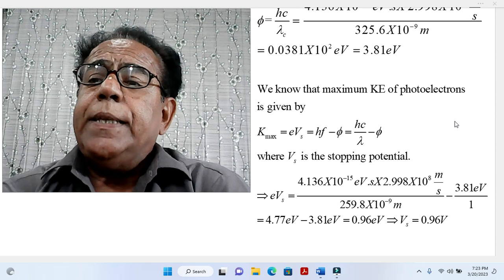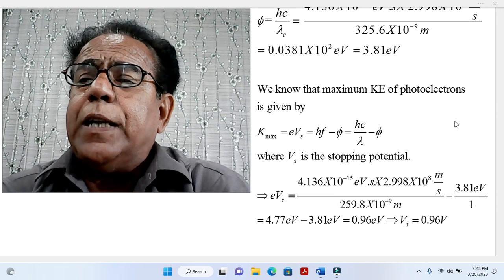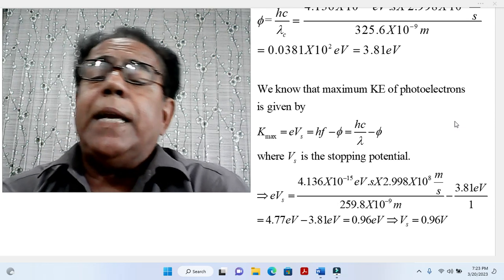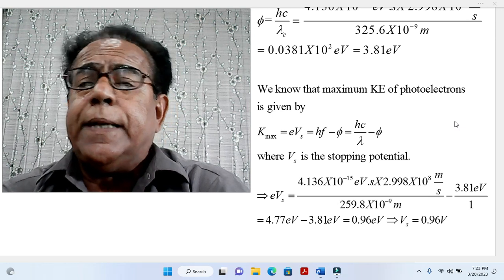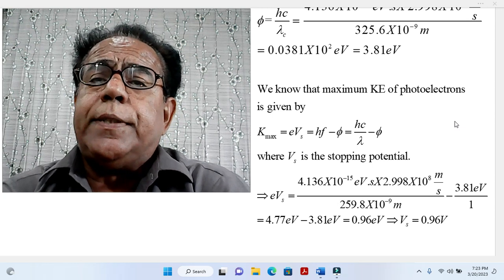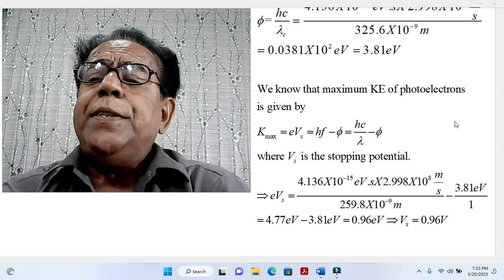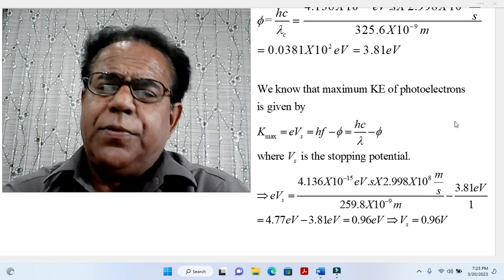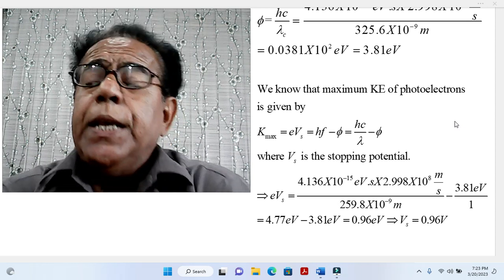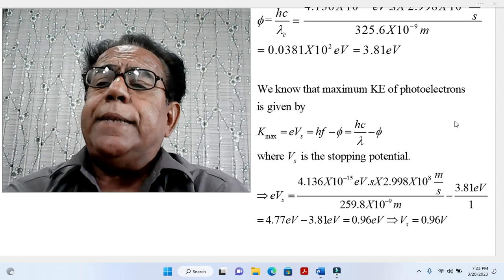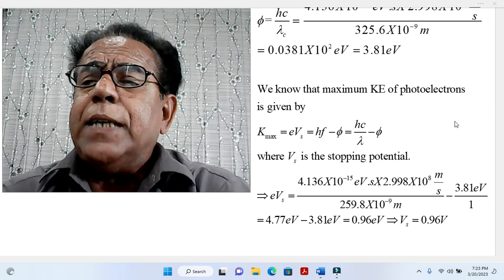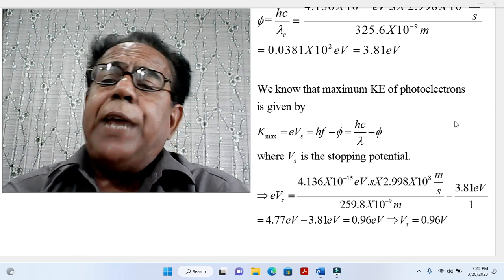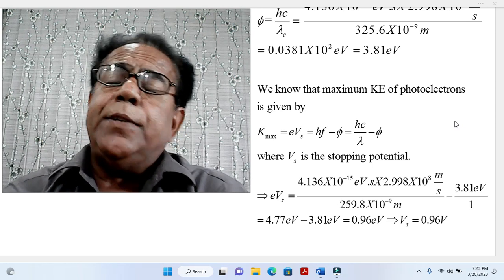This is equal to hc over lambda minus phi. We know that frequency and wavelength are reciprocal of each other with the involvement of c, that is, f is equal to c over lambda, and lambda is equal to c over f. Here Vs is the stopping potential. This implies that we will not use the term K max; we will use its equivalent value, e into stopping potential Vs.